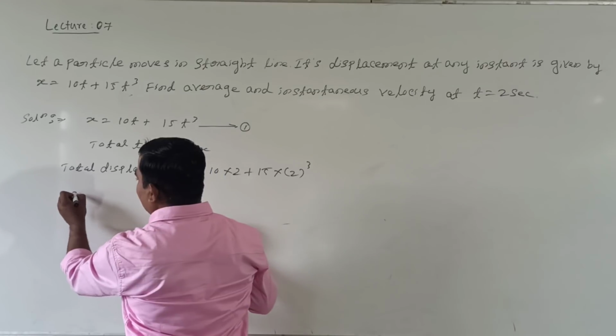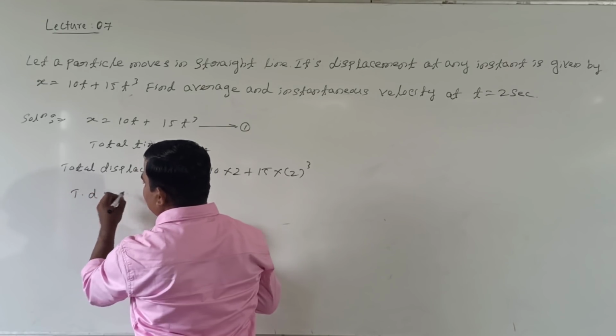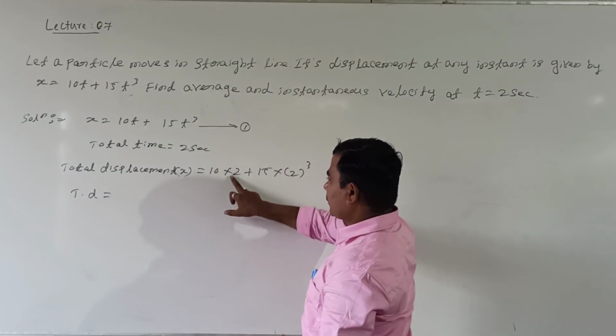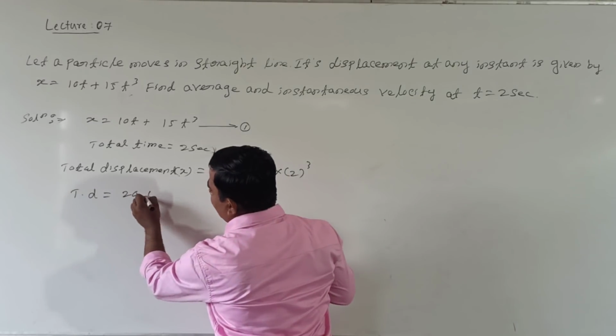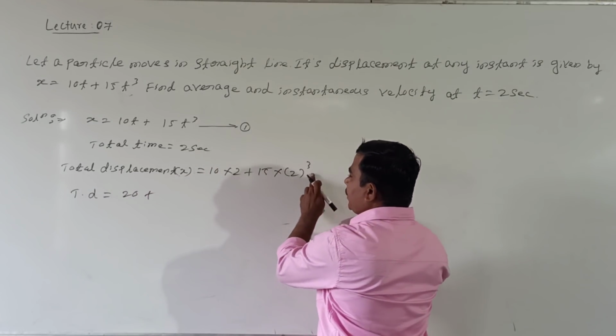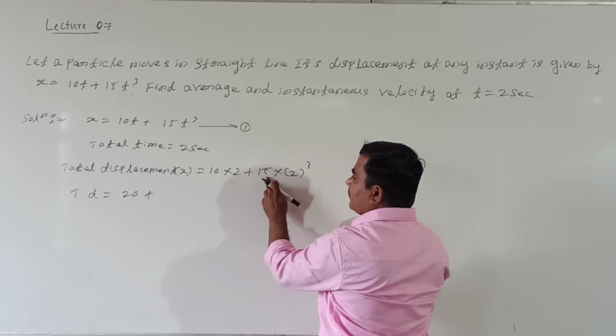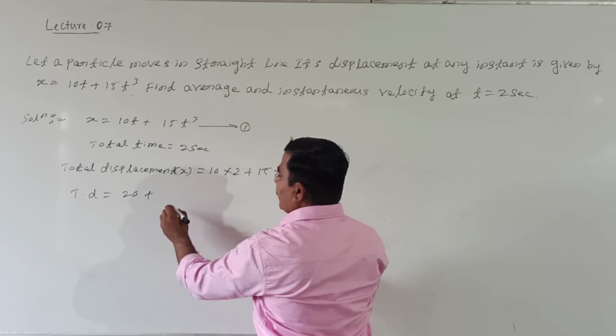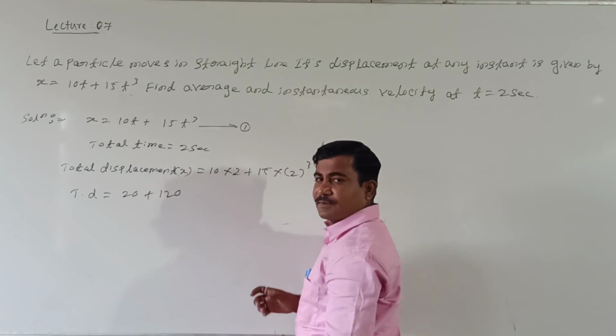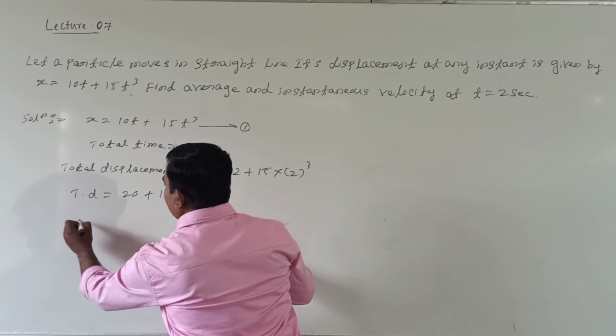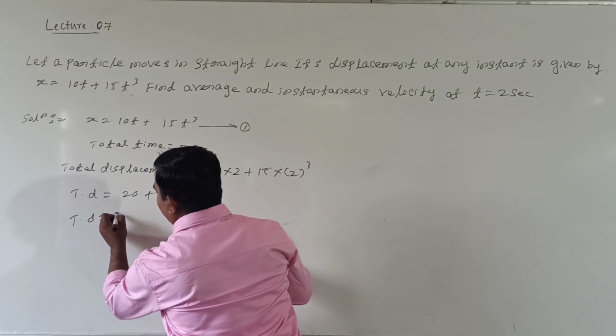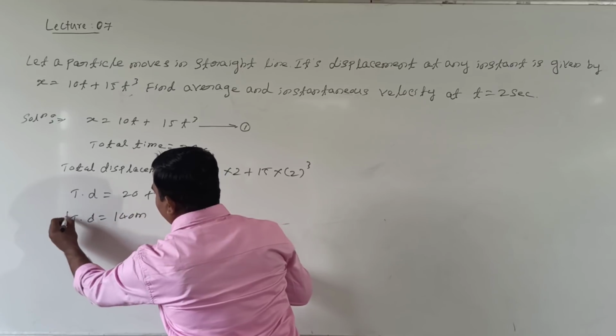From this, 10 into 2 is 20, and 2 cubed is 8, times 15 is 120. Total displacement equal to 140 meter.